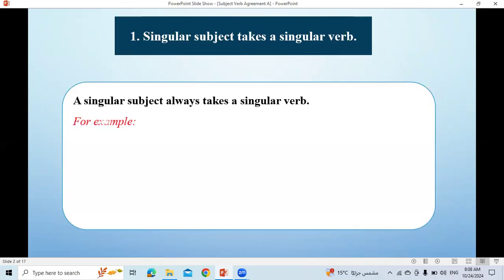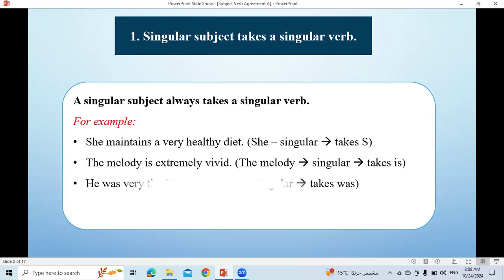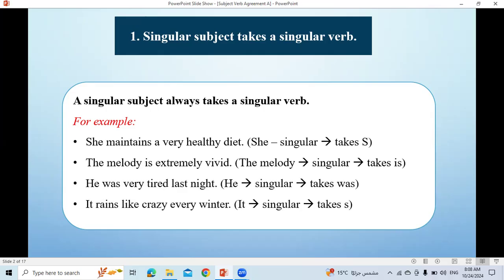For example, she maintains a healthy diet. So we add S because we have she, which is singular. We say, for example, the melody is extremely vivid. The melody, which means song, is singular, so it takes is, not are. He was, not he were, and it rains.